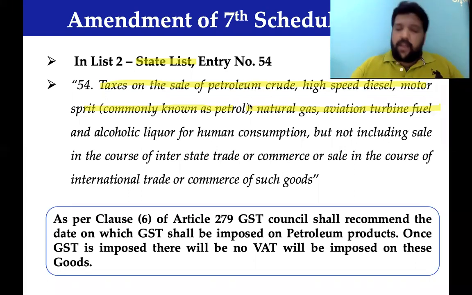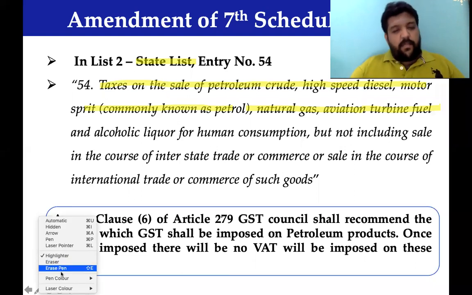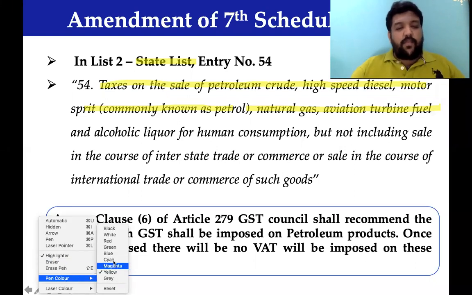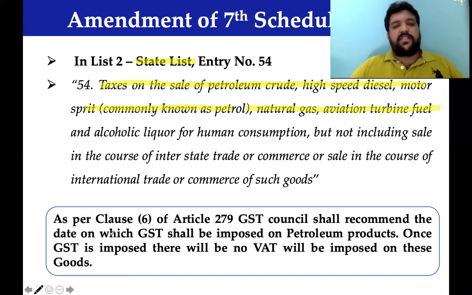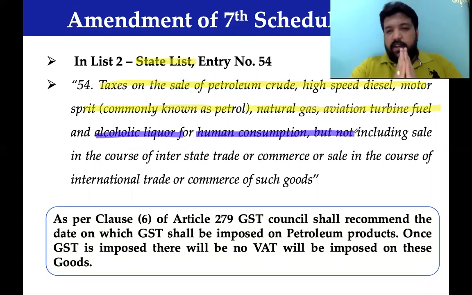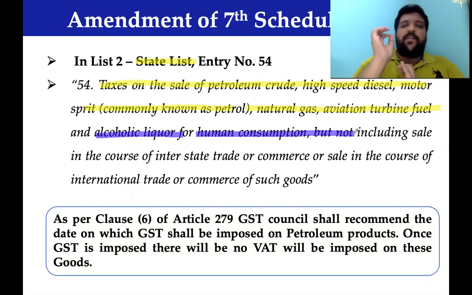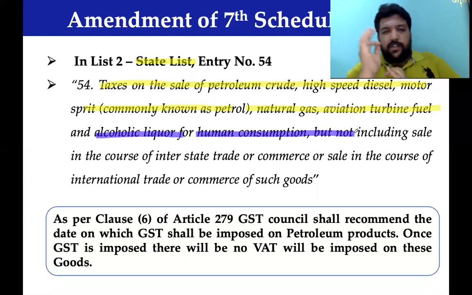Now, coming back here, in the case of value added tax, we have one more product which is liable for VAT: alcoholic liquor for human consumption. Look at this, fellows.